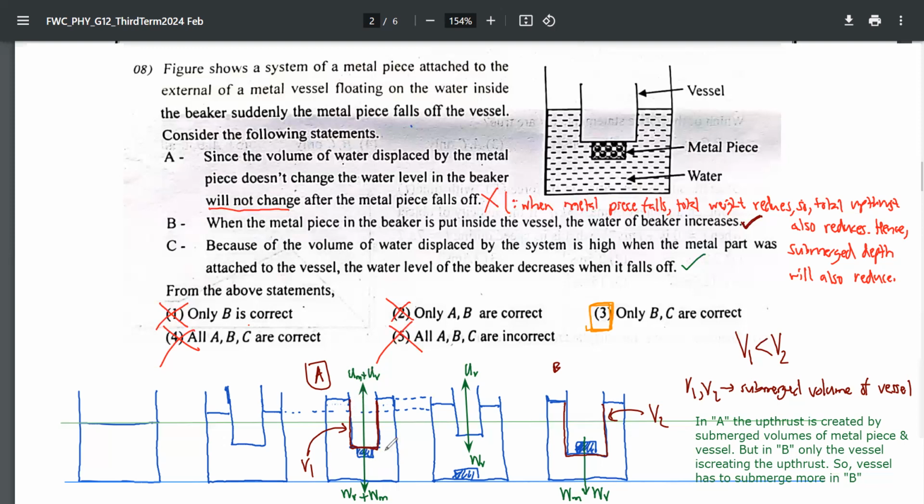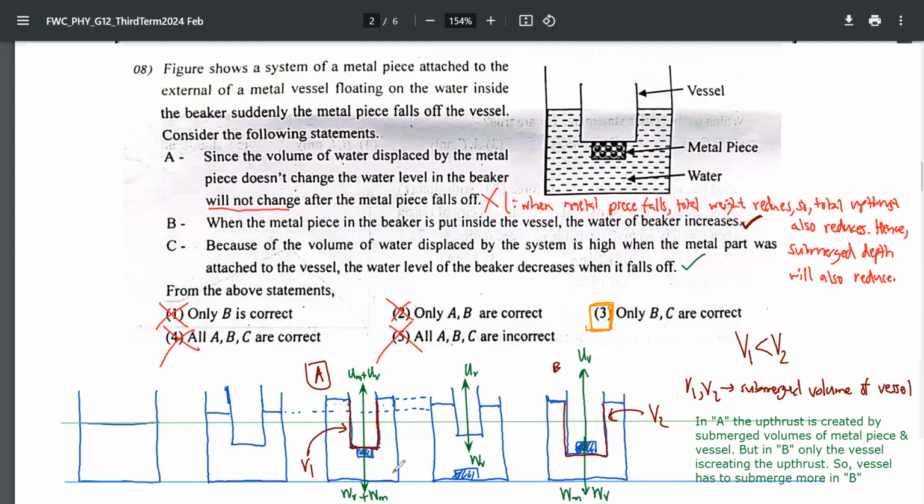Therefore, only a smaller portion of the vessel has to submerge to create the required upthrust. But in the last diagram, diagram B, since the metal piece is inside the vessel, only the vessel has to create the submerged volume to make the system float again. Therefore, it has to sink more compared to situation A. Then only it will be able to create sufficient upthrust and balance the two forces.